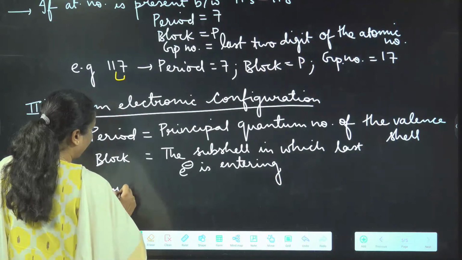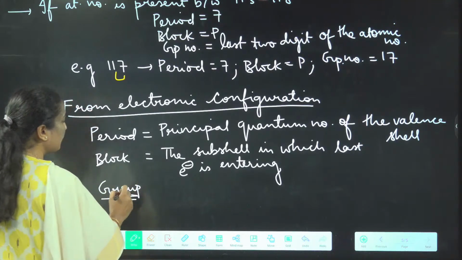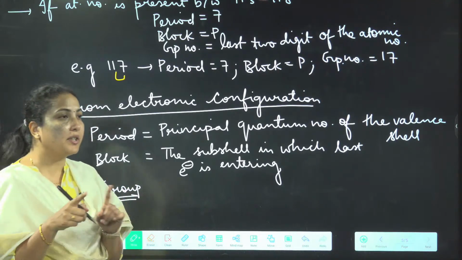Then for group, the thing is we must predict block prior to deciding the group.